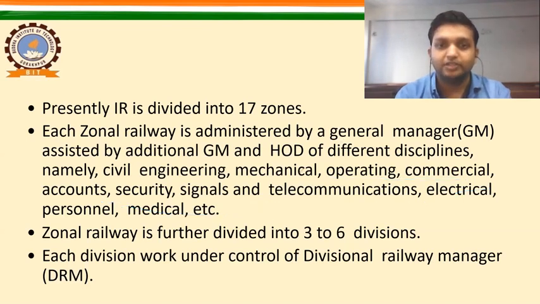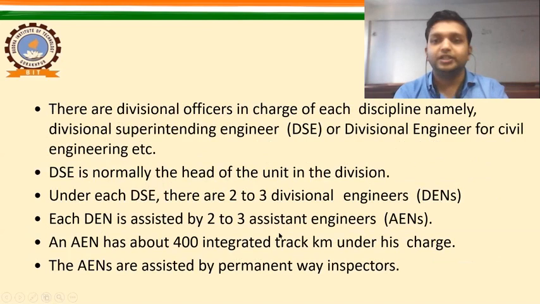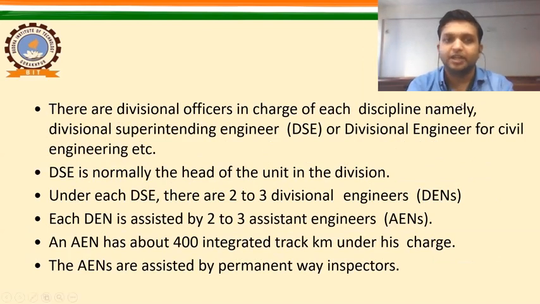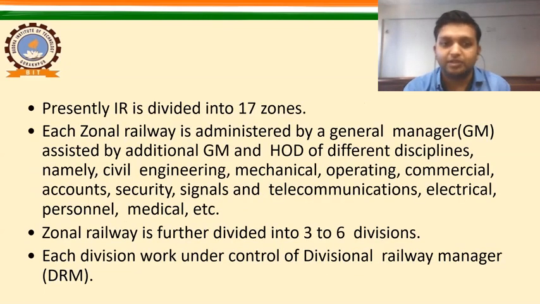Now let us look at the next slide. So when we move to the next slide, these divisional officers in charge of each discipline, namely the Divisional Superintending Engineer, that is DSE, or Divisional Engineer for civil engineering, we have seen that in the previous slide.